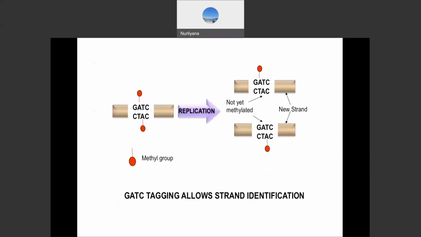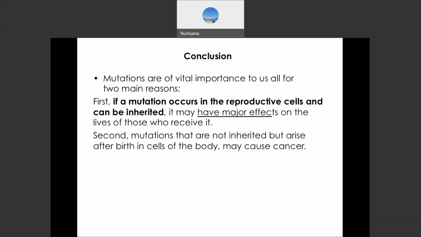If you look at the conclusion, mutations are generally of vital importance to us for two main reasons. First, if a mutation occurs in the reproductive cells, it can be inherited, and it may have a major effect on the lives of those who receive it. So this refers to our next generation. Secondly, mutations that are not inherited but arise after birth in the cells of the body may cause cancer.